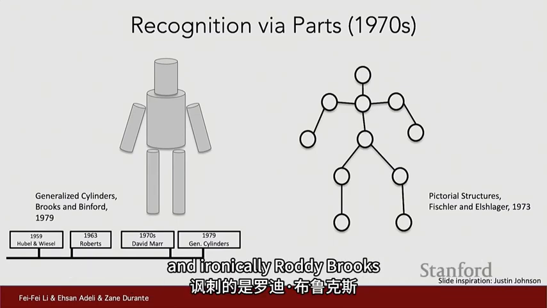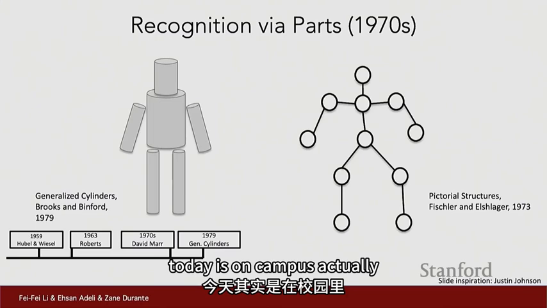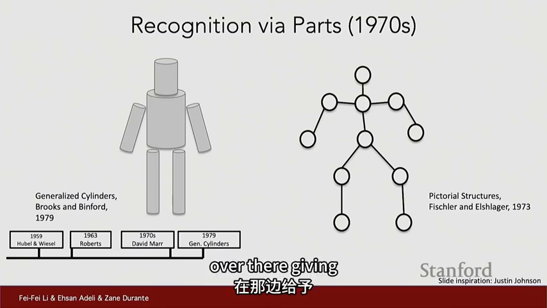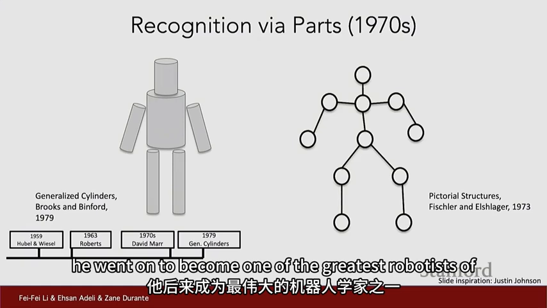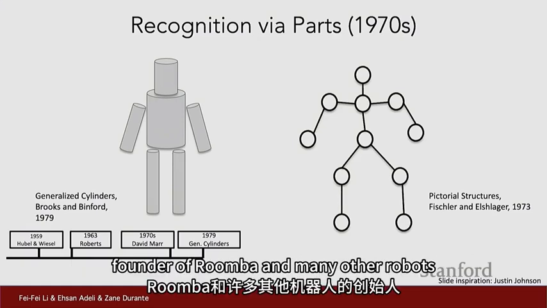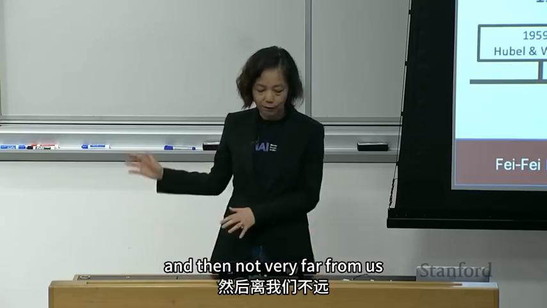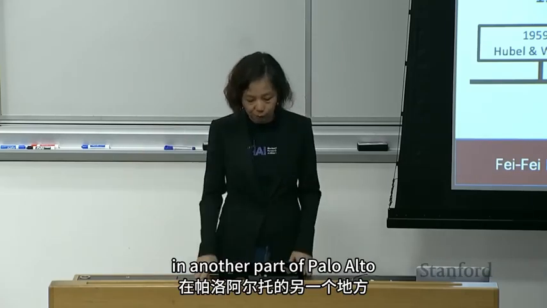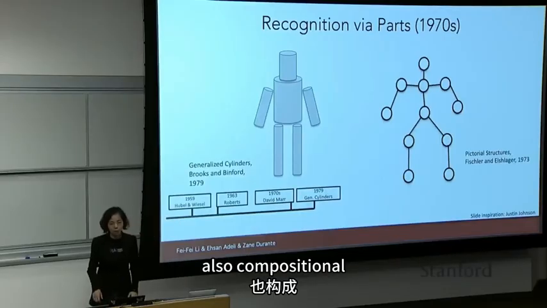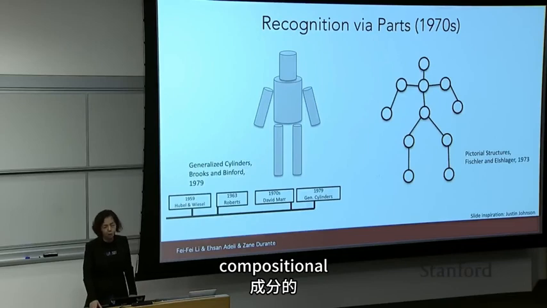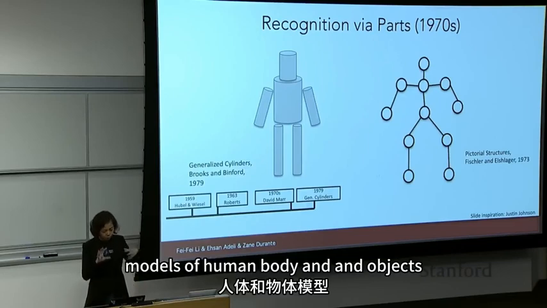And ironically, Rodney Brooks today is on campus, giving a talk at the robotics conference. He went on to become one of the greatest roboticists of our time and was founder of Roomba and many other robots. And then not very far from us in another part of Palo Alto, researchers worked on these also compositional models of human body and objects.